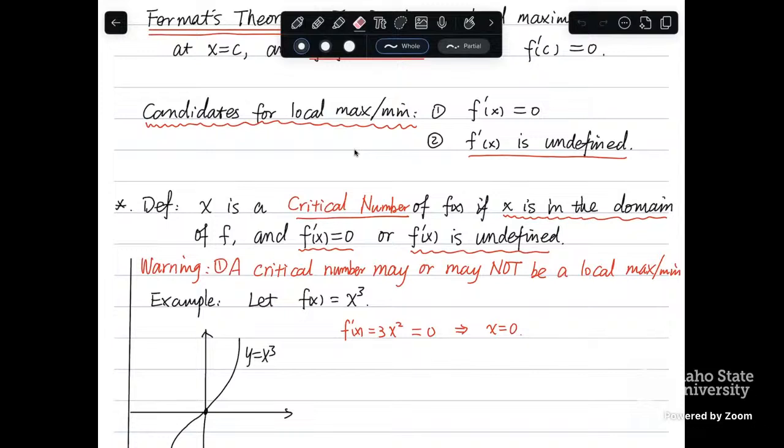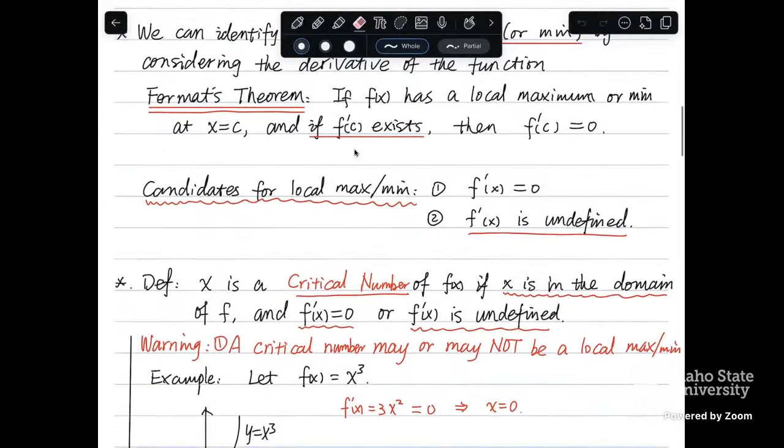And we introduced this famous theorem. It basically tells us that if we have a particular point which is a local maximum or local minimum, and it's differentiable at this point, then the derivative must be zero. And this is very simple from the graph.